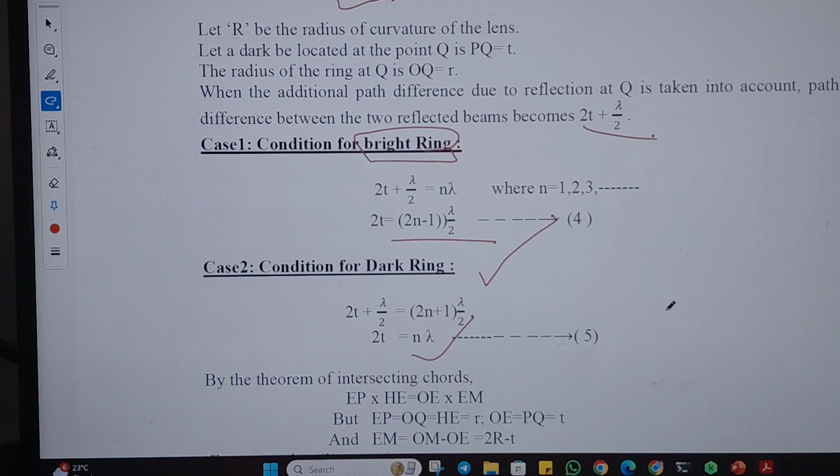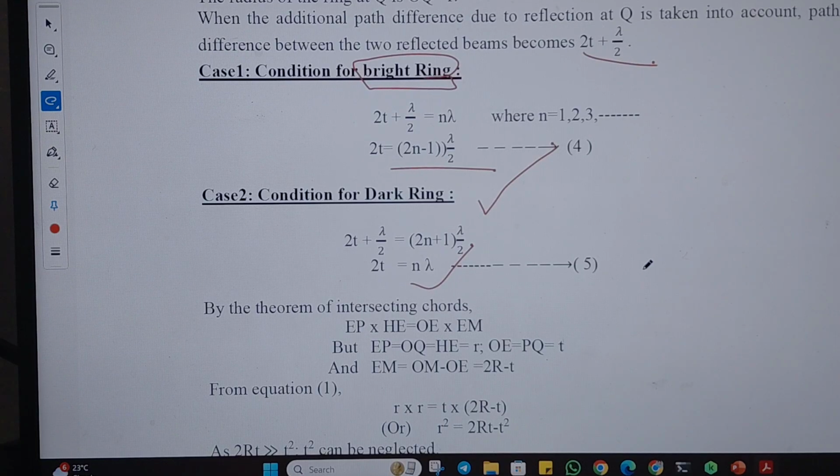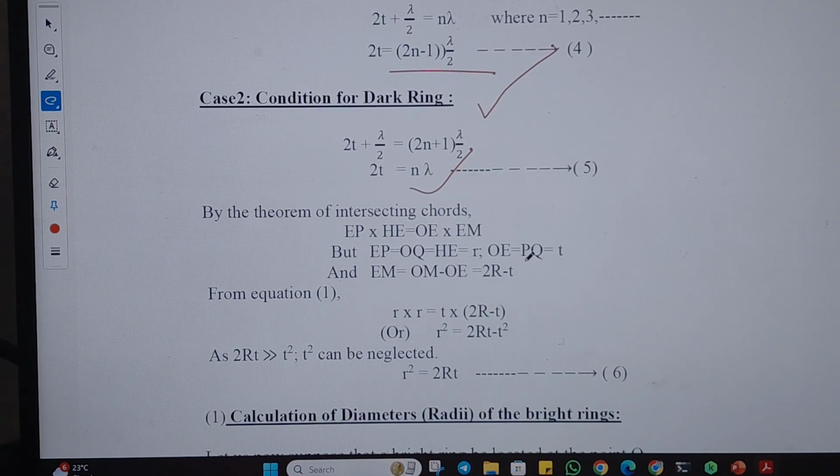Clear? Then we can use the intersecting chords theorem. We can see the diagram: EP into HE equal to OE into EM. So we can simplify this. We take OM minus OE, that is 2R minus t.